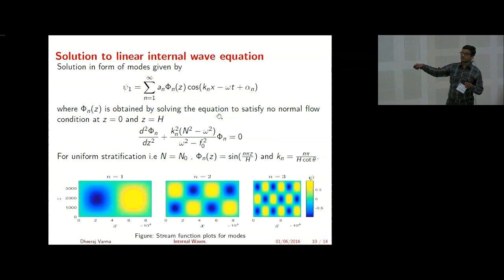For uniform stratification, you have this case where your phi_n will be simply sin(n pi z by H), and the horizontal wave number would be n pi by H cot theta. So this is the modal representation of the internal waves. These are pictures of the stream function for mode 1, mode 2, and mode 3. The horizontal domain is taken to be about the wavelength corresponding to mode 1.